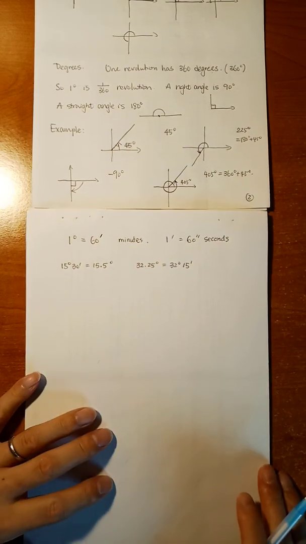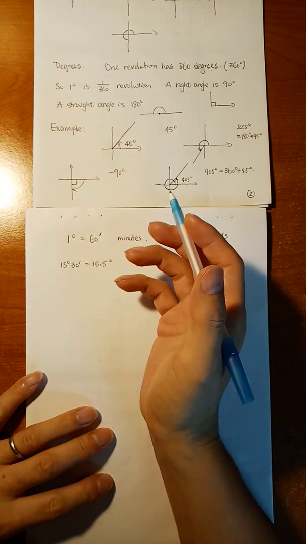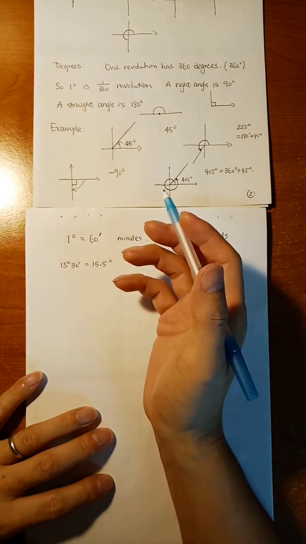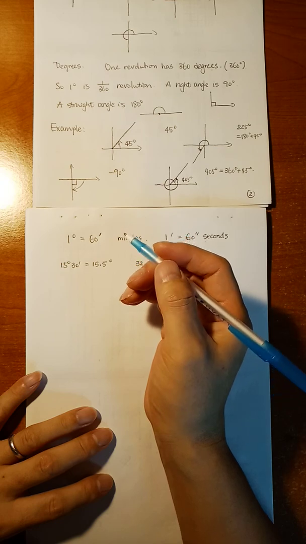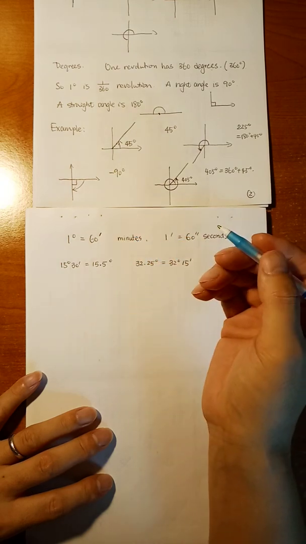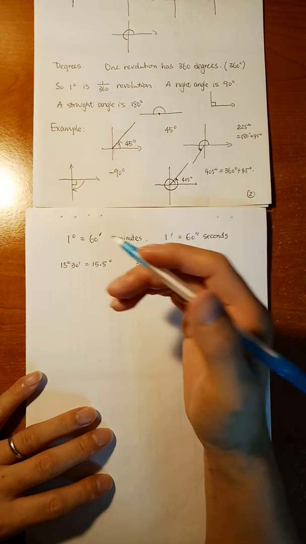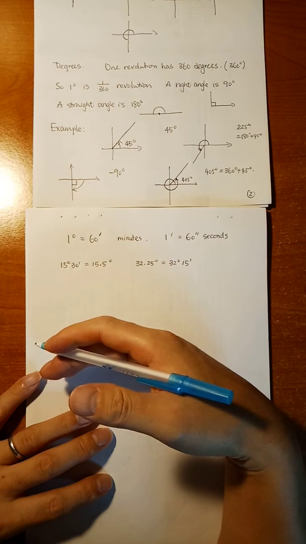Okay. So, degree. Why do we define one revolution as 360 degrees? And how do you get this 360? This number does not fit our other number system.